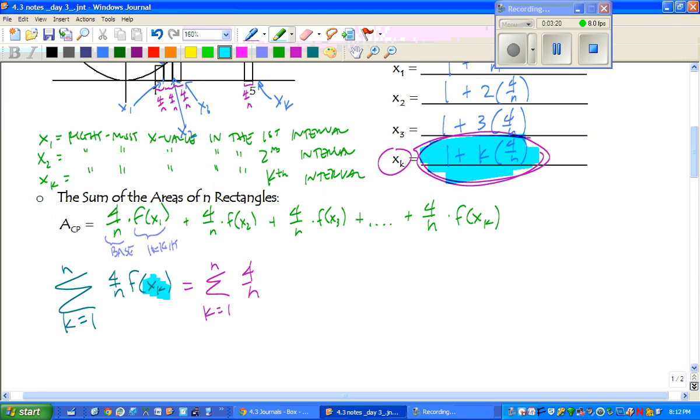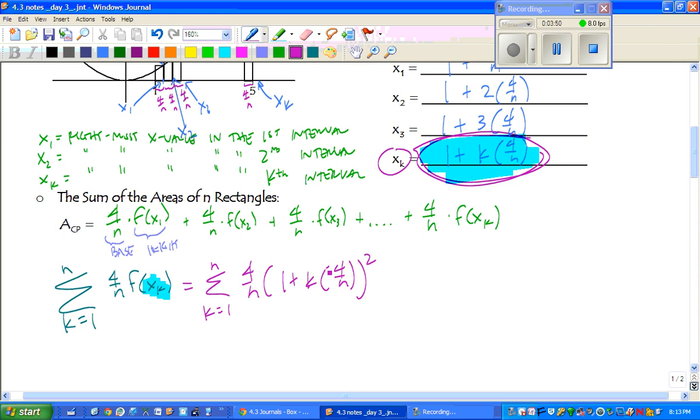Remember, our function is x squared. So this whole thing is going into that function. So we're going to take 1 plus k times 4 over n, squared. Right, so that's our function with our kth term. So we're just putting that general term in for x.